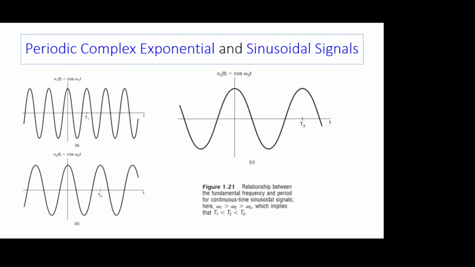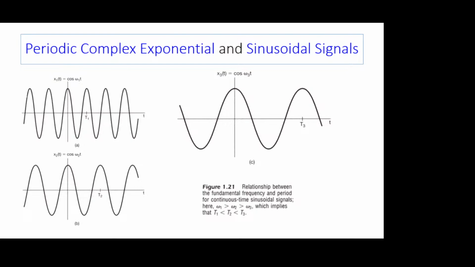And here are some examples of different omega, how they change the function. We can see that for the sinusoidal functions, some cosine omega t with omega 1, omega 2, omega 3. If we have a higher omega, then the cosine oscillates faster, and you see things are squeezed and compressed more.